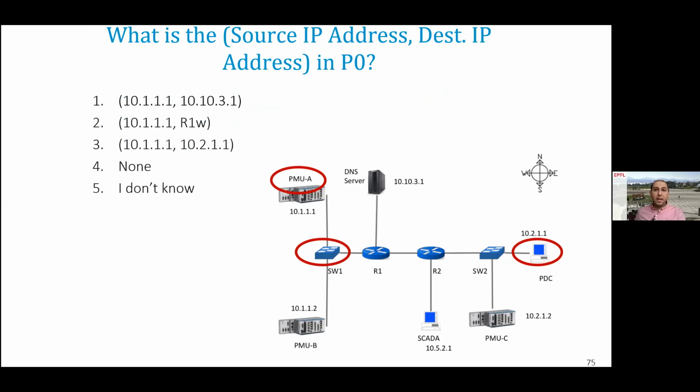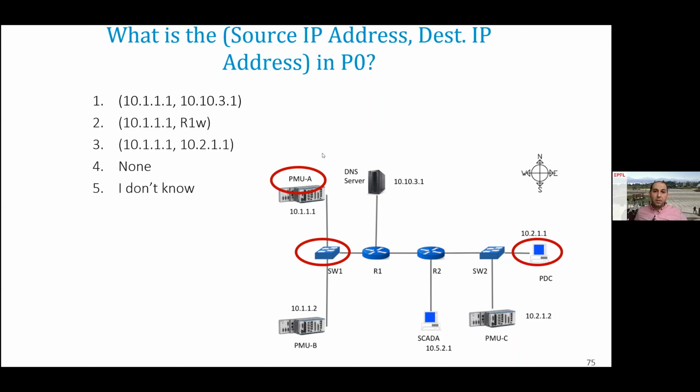What is the source IP address and destination IP address in P0? So again, we have a message sent by PMU A to the DNS, and we are looking at this message at switch 1.